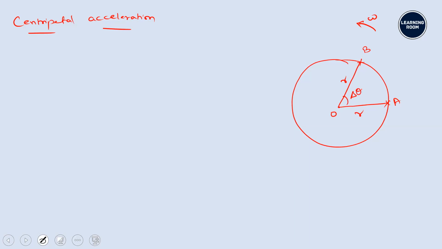So that the corresponding displacement along the circular path is going to be delta S. Now, if you see, the velocity of the particle at A is going to be tangential in the upward direction, and the velocity at point B is going to be tangential inclined in this direction.